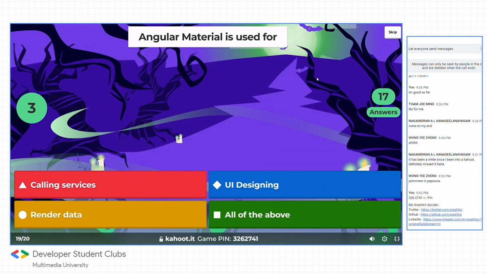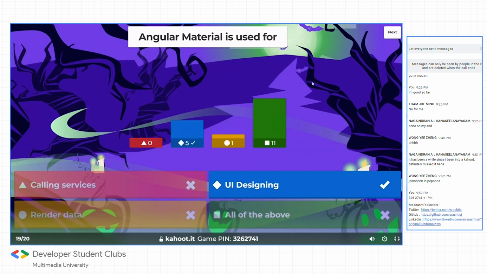You might have heard about Google Material Design in Android. Yeah. So it is used for UI designing. Basically, it is inspired by Google's Material Design. So it is now available for Angular also.